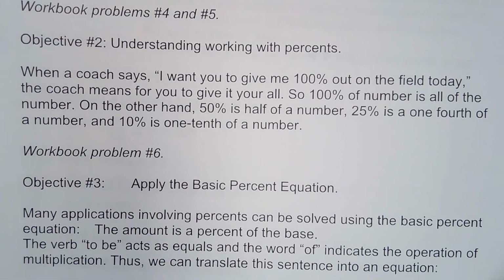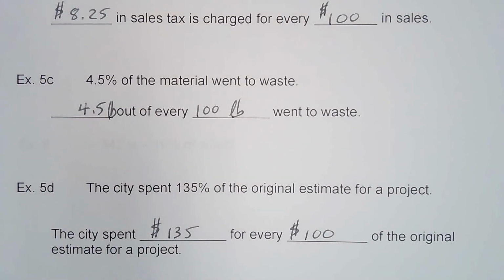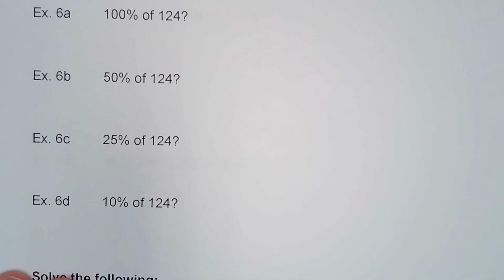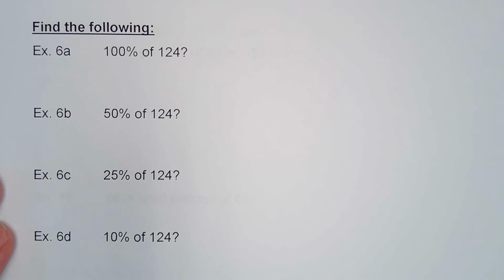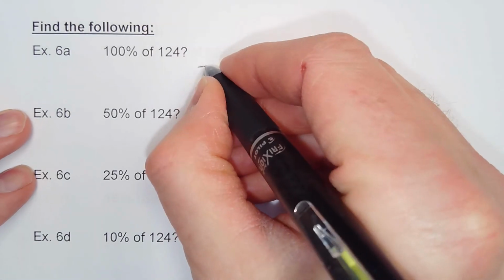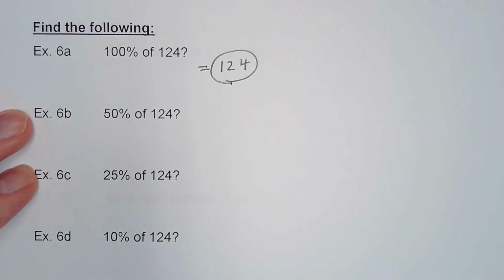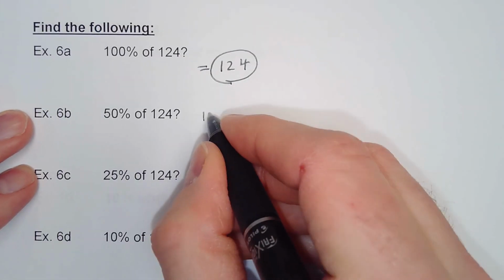So let's take a look at workbook problem number 6. Here we have 100% of 124. So that's going to be 124. That's all of it. B says to find 50%, so I'm going to divide that by 2.